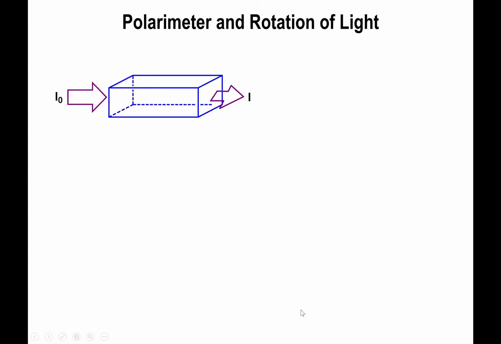Okay, now thinking about what's happening to the light source. You have light that's coming in, interacts with your sample, and then comes out of the sample. And what you're really seeing is how much the rotation of light is taking place as the incoming source is compared to the outgoing source.